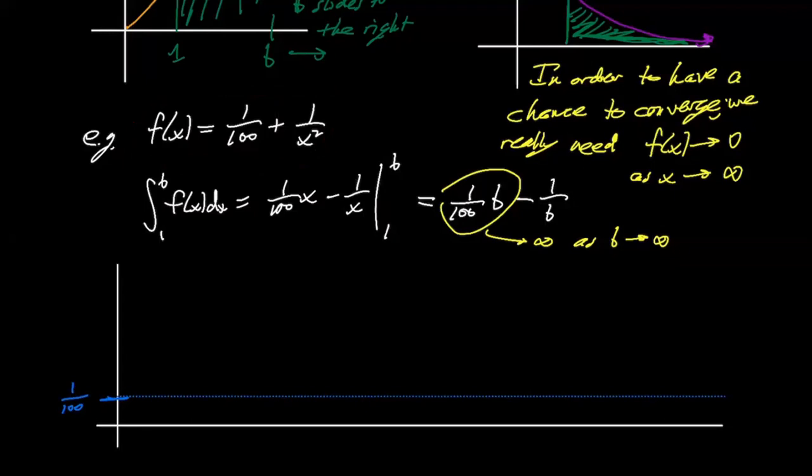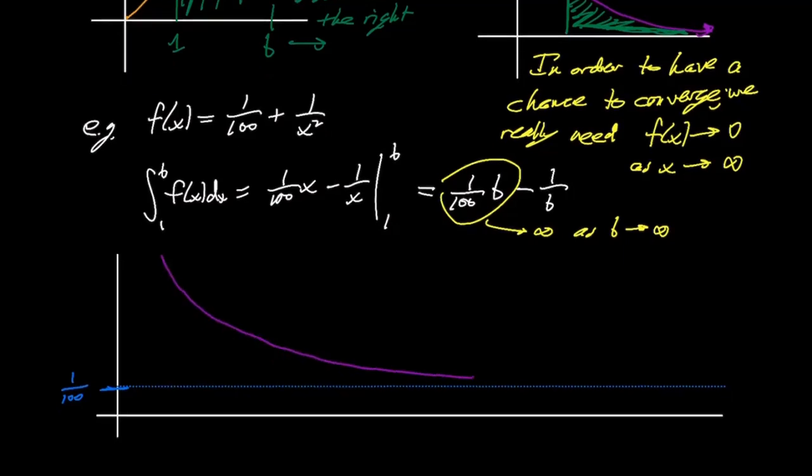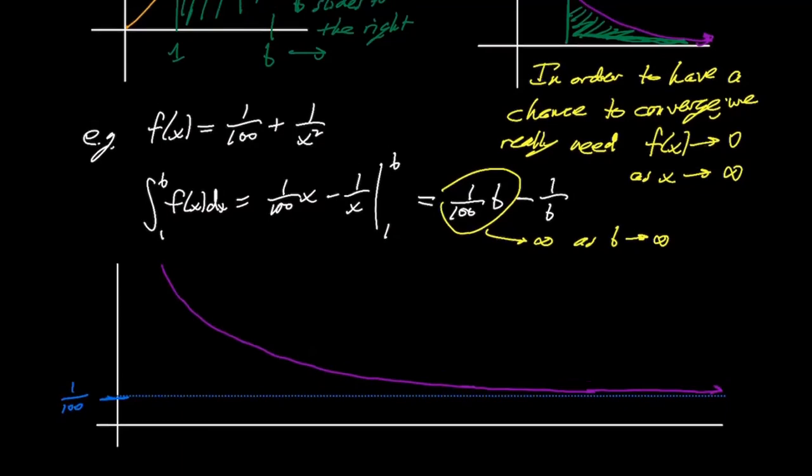And if we draw the graph of 1 over 100 plus 1 over x squared, it's going to look like this. It's never going to actually touch it; it's going to get closer and closer to this dotted line.